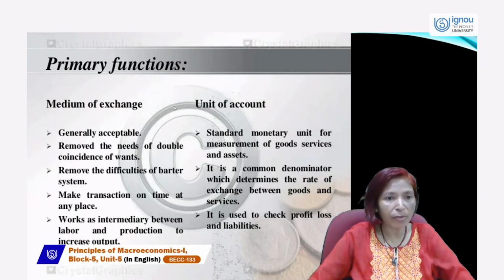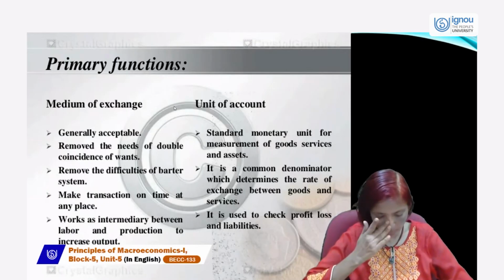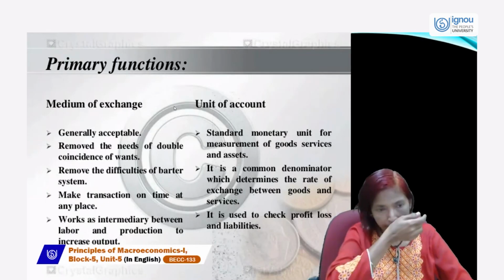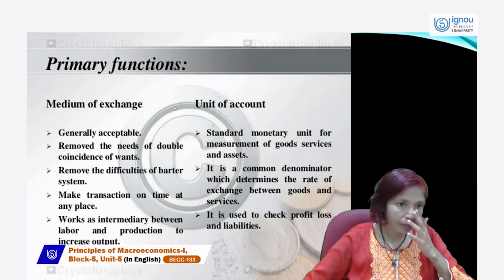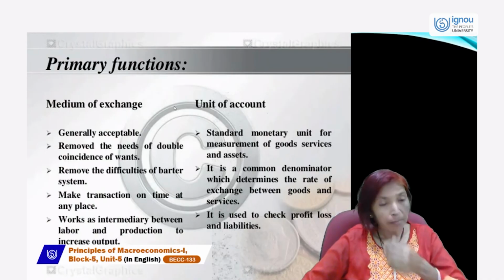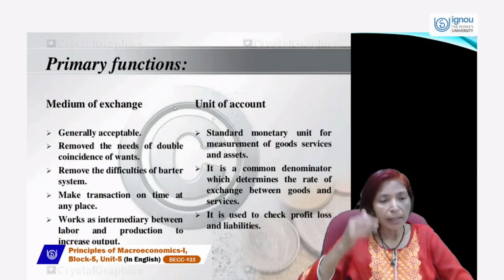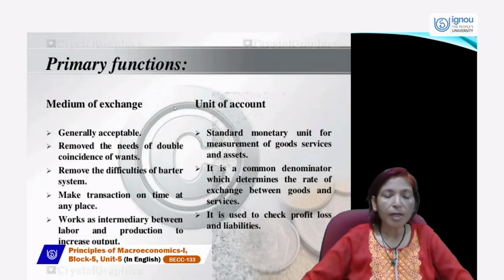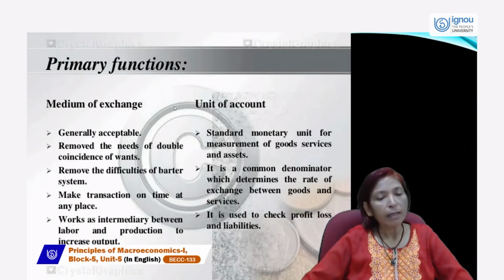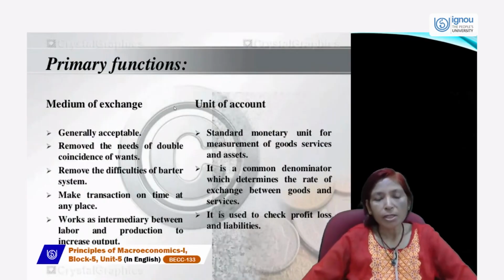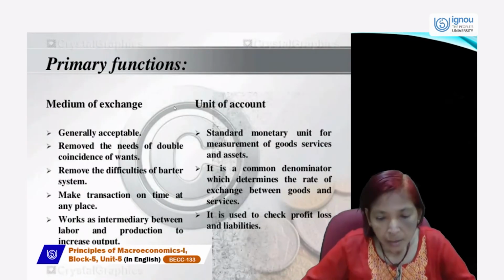Second, it removes the need for double coincidence of wants, and it removes the difficulties of the barter system, making transactions on time at any place. It works as an intermediary between labor and production to increase output.